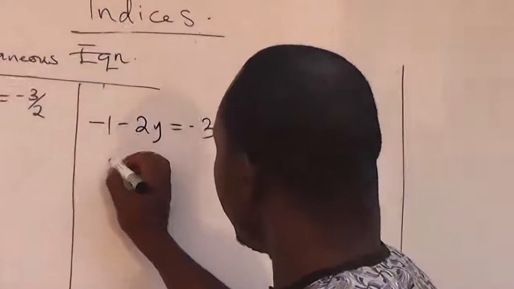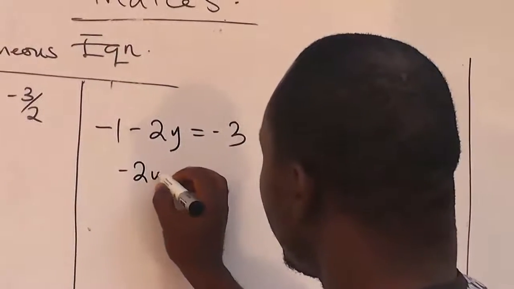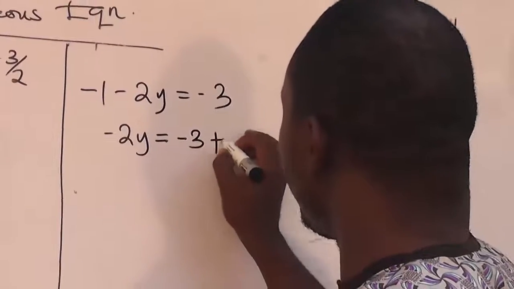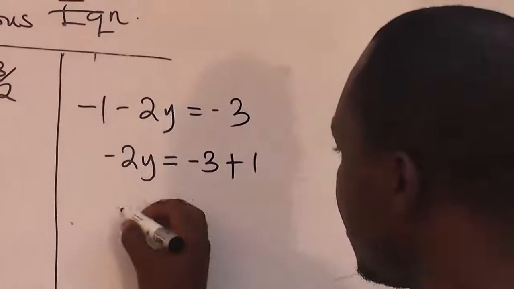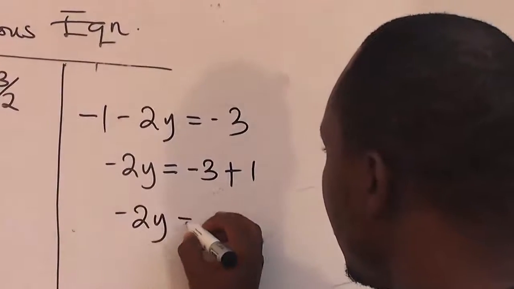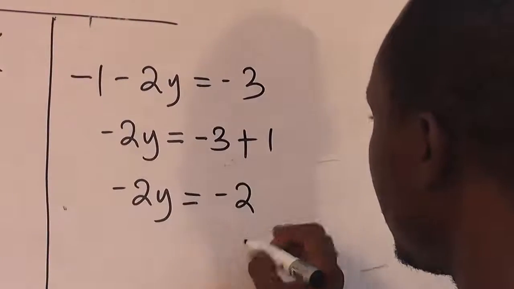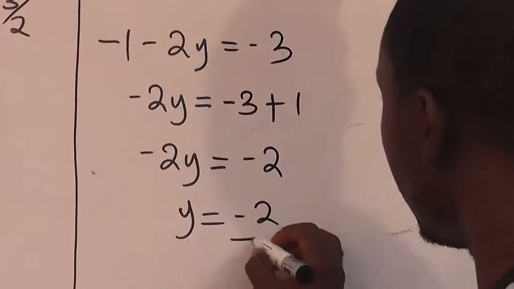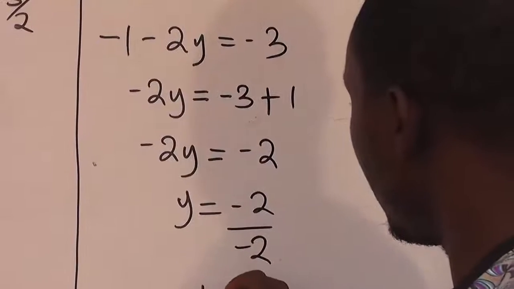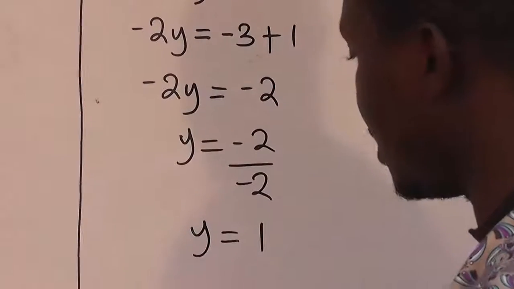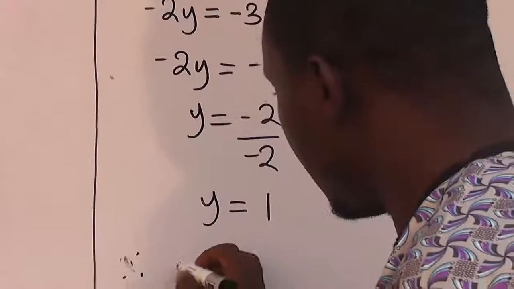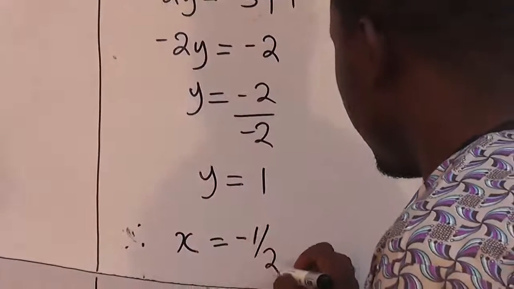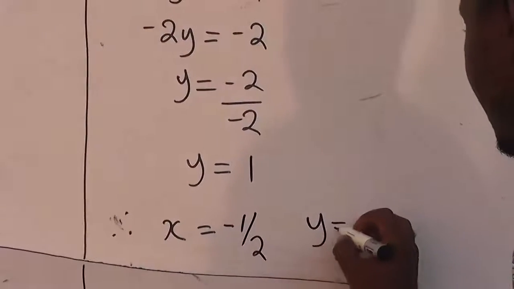If we collect like terms, we have minus 2y is equal to minus 3 plus 1. So minus 2y will be equal to minus 2. So our y will be minus 2 divided by minus 2. y is equal to 1. So therefore, when our x is equal to minus 1 over 2, our y is equal to 1.